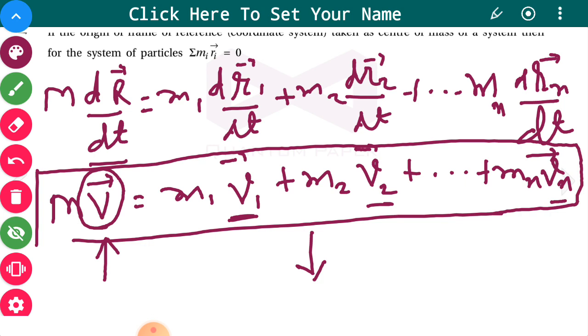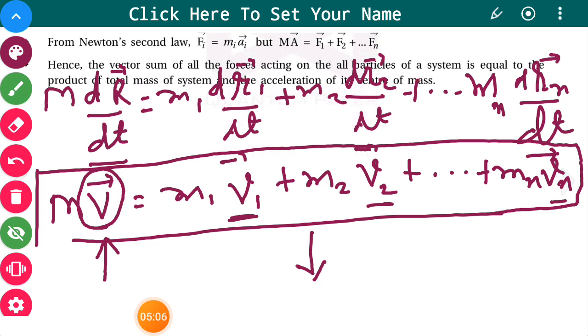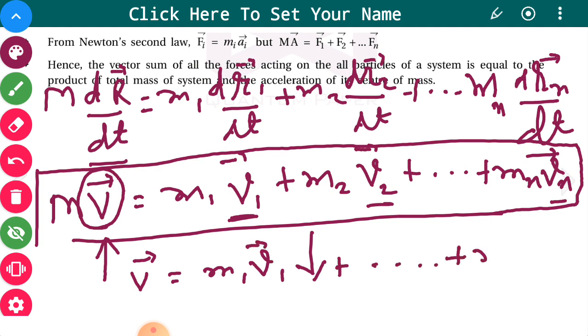Now this expression which we have derived can also be written as the velocity of center of mass V is equal to m1 v1 plus up to plus mn vn, the last term, upon the total mass.